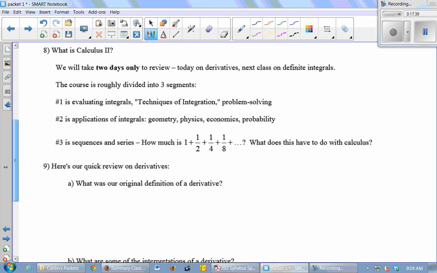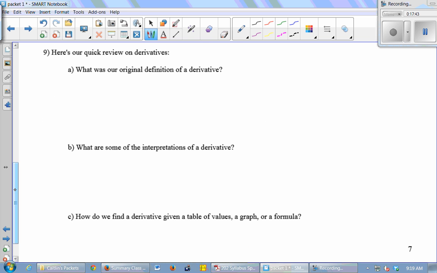All right, so our quick review on derivatives. Who remembers the original definition of a derivative? Yes, slope of a tangent line. And how did we calculate it? Let's write that down.